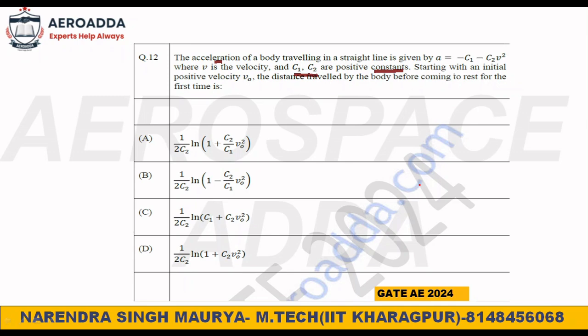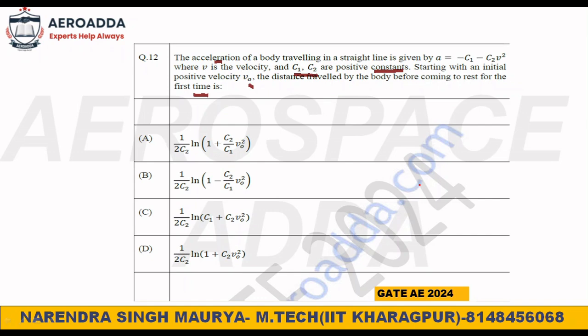V is the velocity. Starting with an initial positive velocity V naught, they are asking the total distance traveled by the body before coming to rest for the first time.